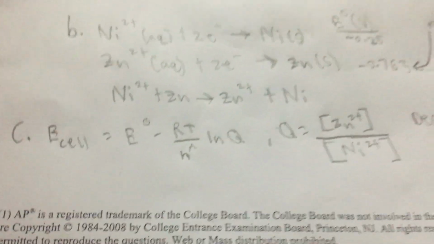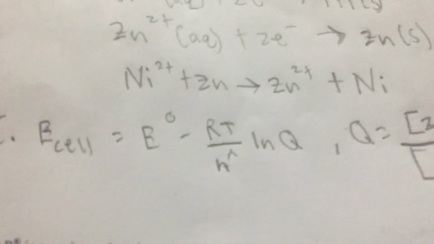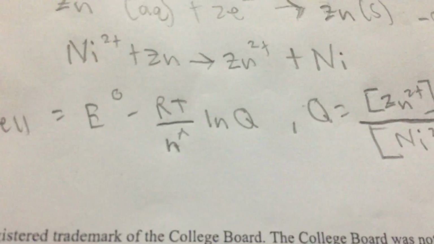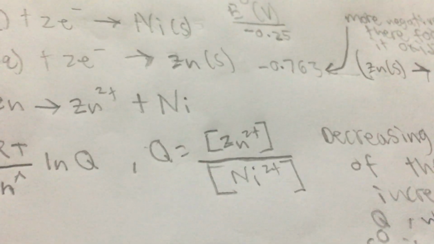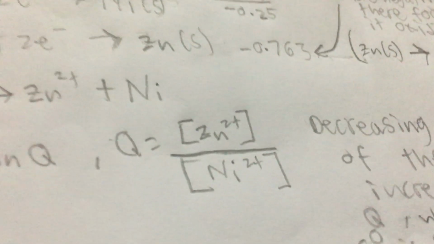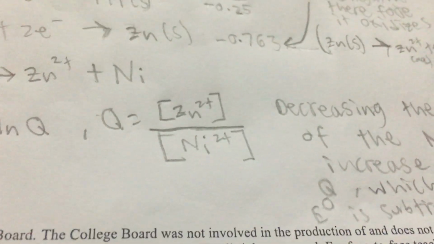E cell would decrease because if you use this equation, E cell is equal to E standard cell minus RT over n times ln Q, where Q is the initial concentration of zinc 2 plus over the initial concentration of nickel 2 plus.